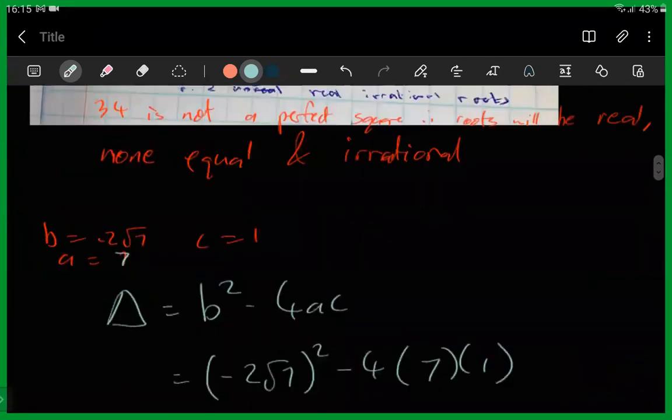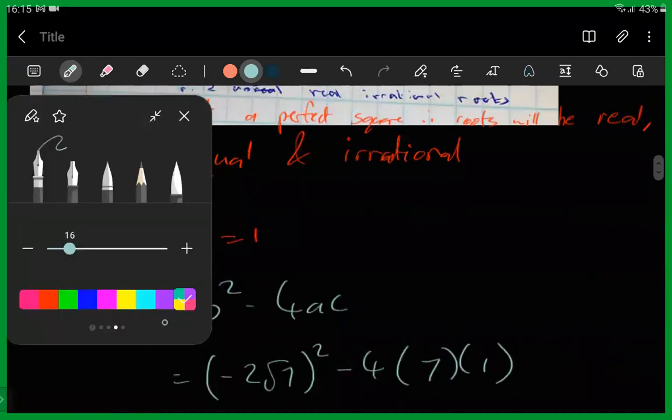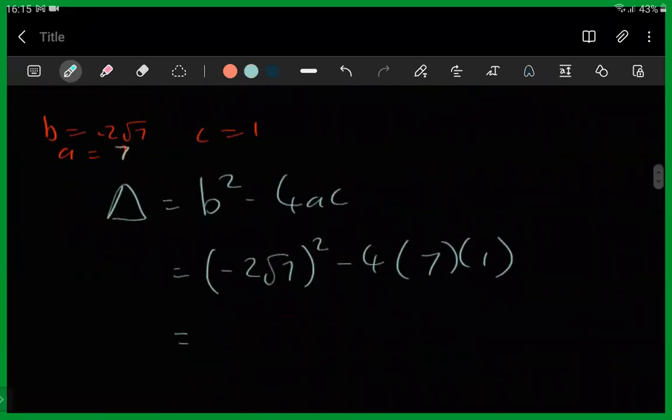Now we need to be able to interpret what our answer tells us. If you put this in the calculator, instead of me trying to work it out: -2 square root of 7, the whole thing squared, gives us 28.